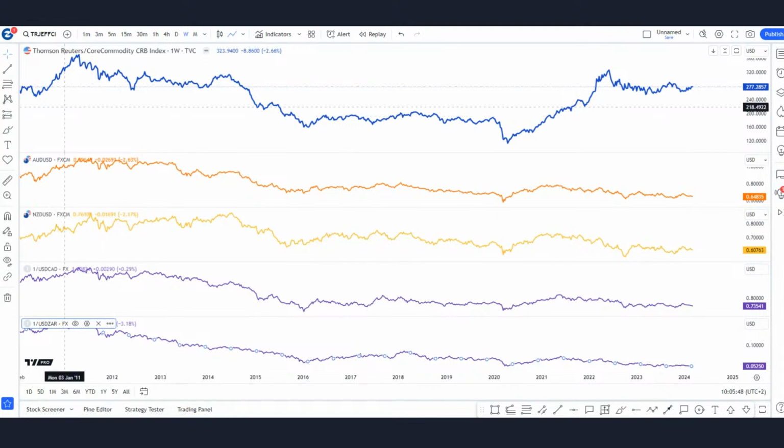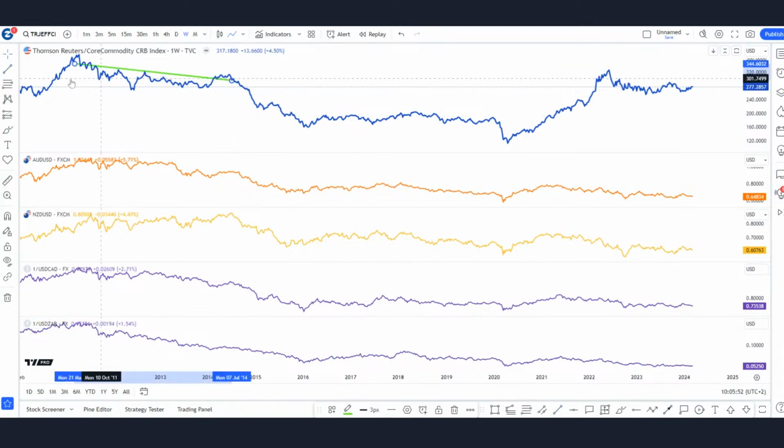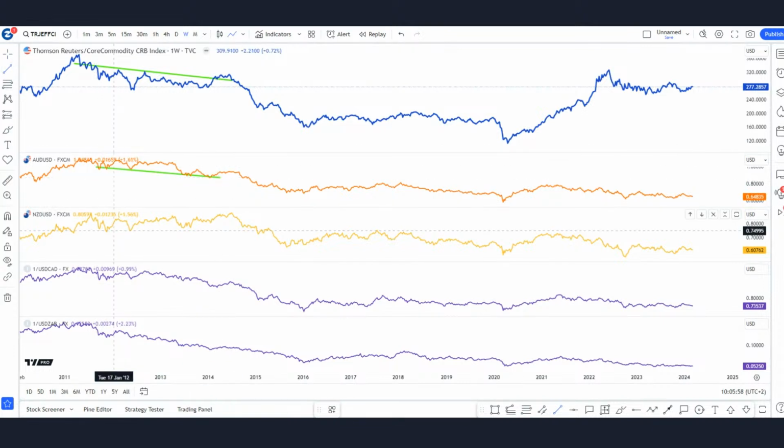So here is the commodity index. This one's the wrong side. That goes there. Okay, so the New Zealand US dollar is perhaps a little bit of an anomaly on that leg.